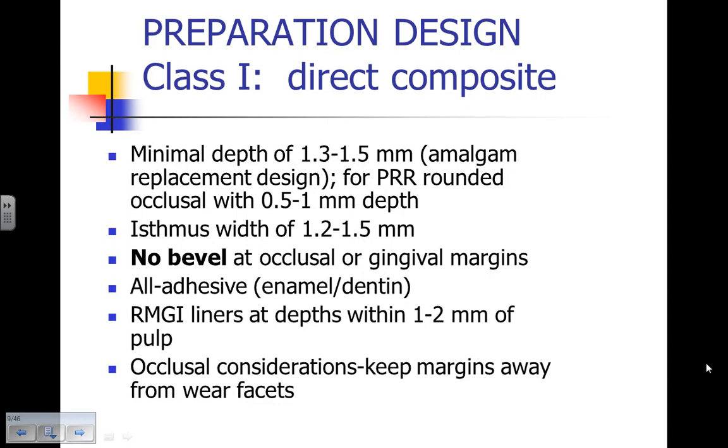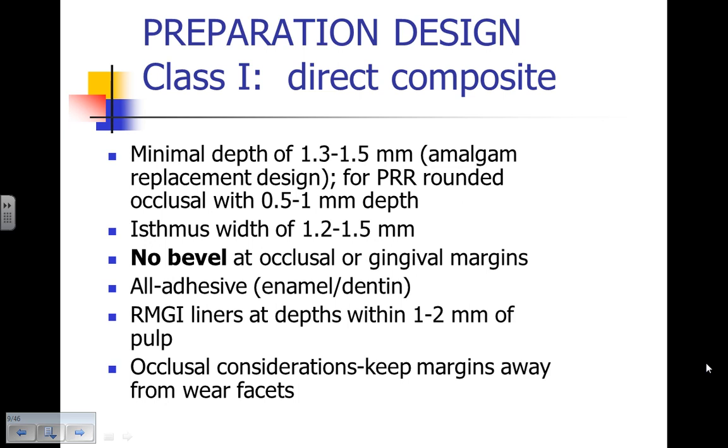If we're doing a preventive resin restoration, a PRR, we have more rounded preparations. They're more site-specific. We're removing the carious lesion only, and where the caries stops, our preparation stops. We never bevel occlusal margins for Class 1s. Gingival margins are not beveled for the lingual extension of our OL preparation.